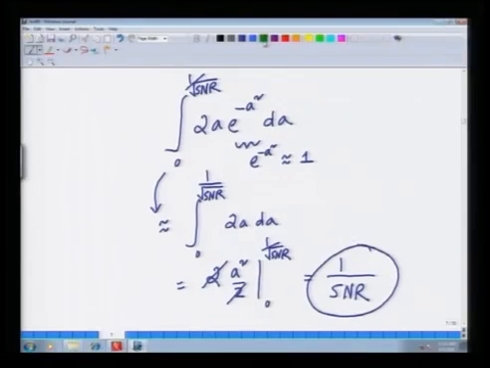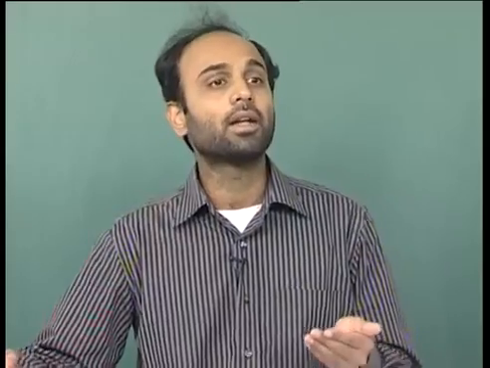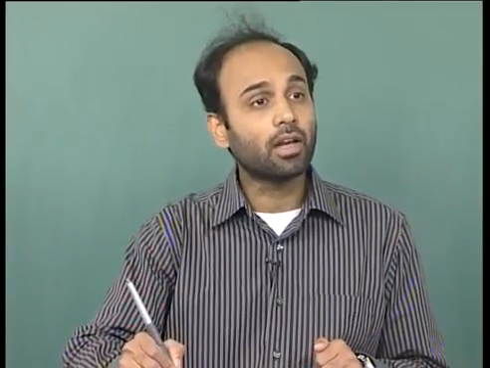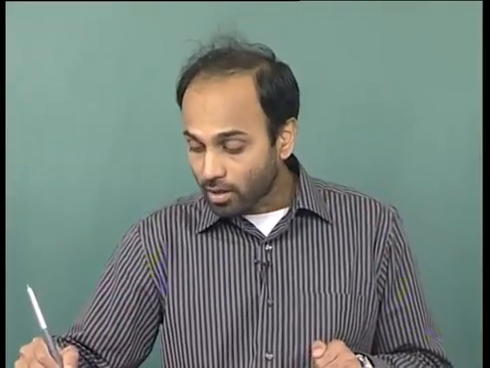And this is significant. Look at this, we computed the probability of the deep fade event. We said the deep fade occurs when A is less than 1 over square root of SNR. We also said that the probability of the deep fade event is simply the probability that A is less than 1 over square root of SNR. Now, using the Rayleigh probability density function of A, we have computed that probability.